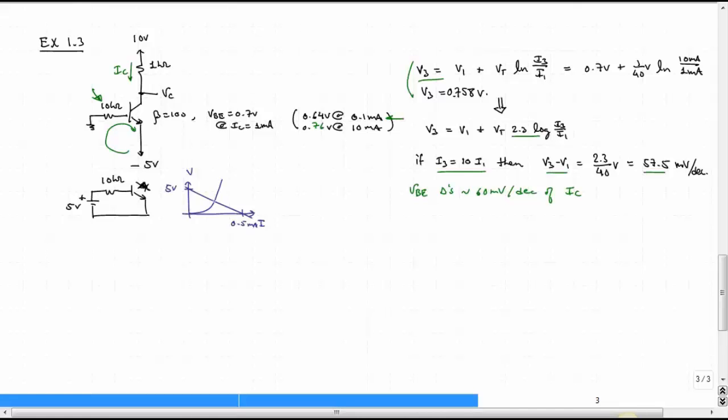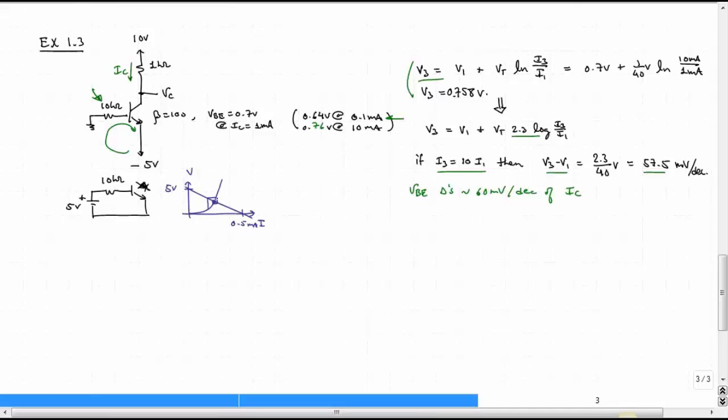To solve this, we have to use some kind of numerical method because this is a nonlinear circuit. So you can either use a computer calculator, or you can use some kind of iterative method and do it by hand. We want to, in general, avoid this unless it's absolutely necessary. So in this case, I'm going to show that it is not necessary.